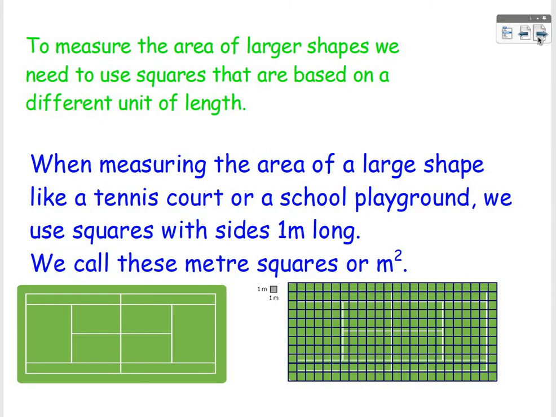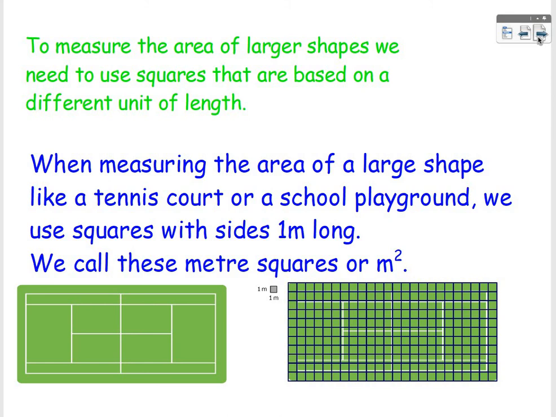To measure the area of larger shapes, we would need to use squares that are based on a different unit. When measuring the area of a large shape, like a tennis court or a school playground, we use squares with size 1 metre. So each of the squares would be 1 metre long and 1 metre tall.